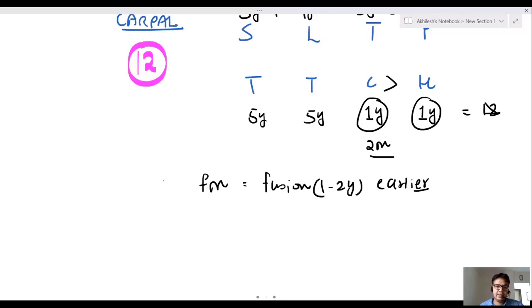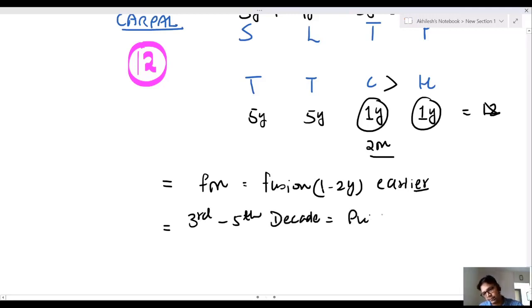Doctor Saab, between third to fifth decade, best bone for age estimation is pubic symphysis.